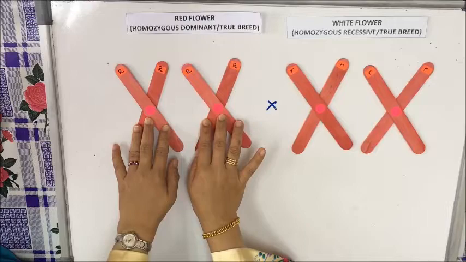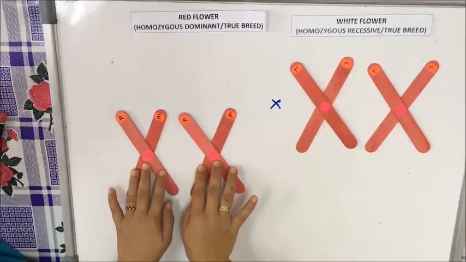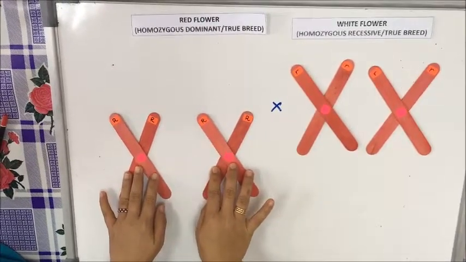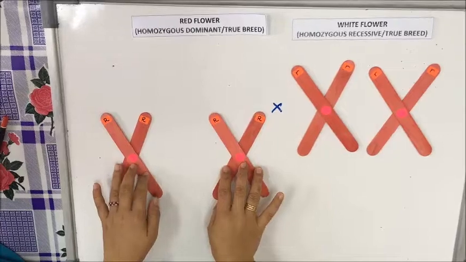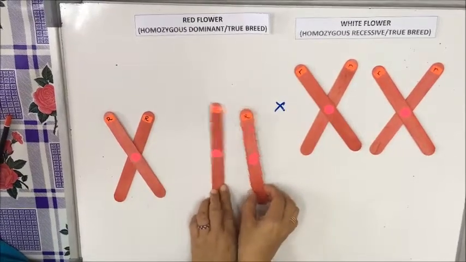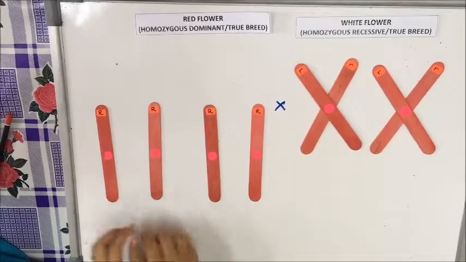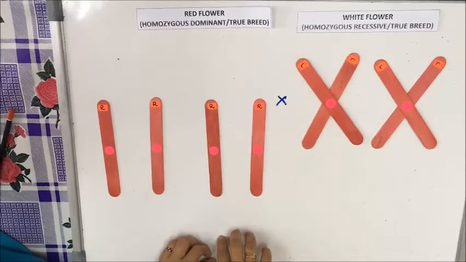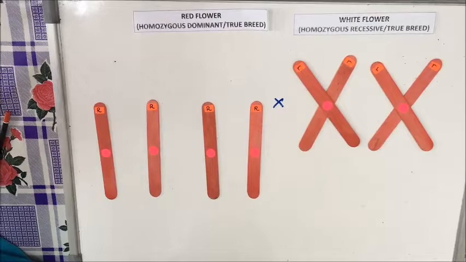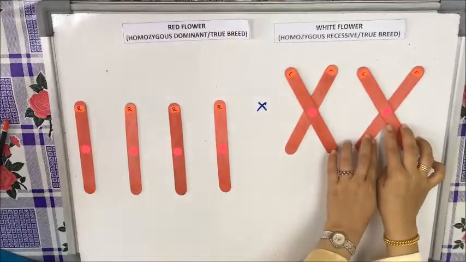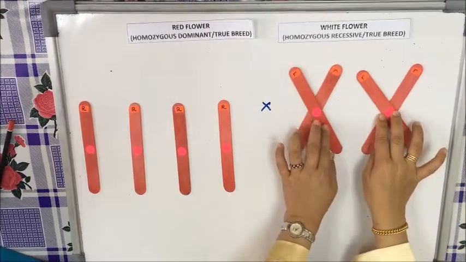For the first parent, during anaphase 1, homologous chromosomes separate, while during anaphase 2, sister chromatids will separate to the opposite pole. The second parent also undergoes the same process.